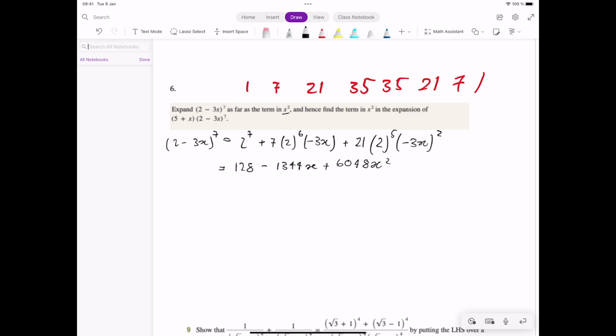Right, so we can say that (5 plus x) times by (128 minus 1344x plus 6048x squared plus dot dot dot), oh, we haven't done the rest, so we can just say plus dot dot dot.